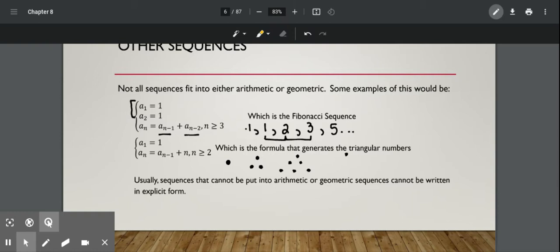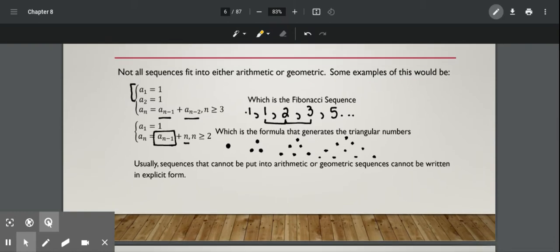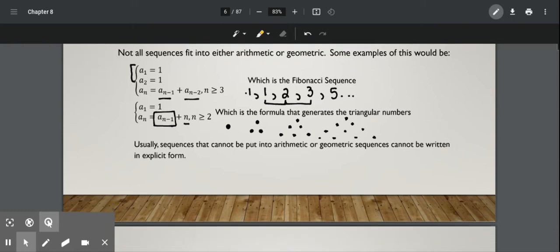So what happens is, in your fourth term, in that fourth row, you would end up adding 4 dots. So that's the formula: the previous number plus n. So it's just whatever term you're on. So those are two examples that wouldn't necessarily fit your geometric or your arithmetic sequences.